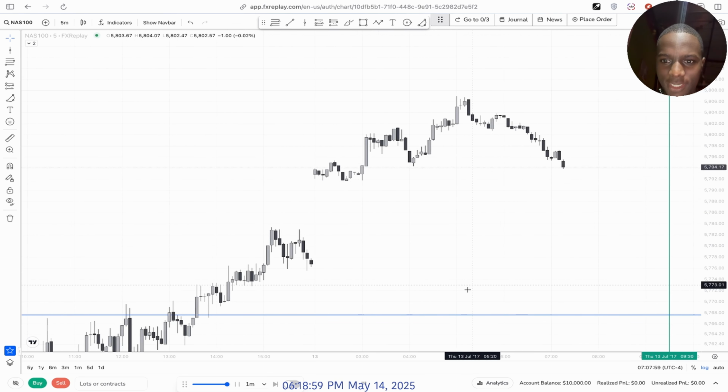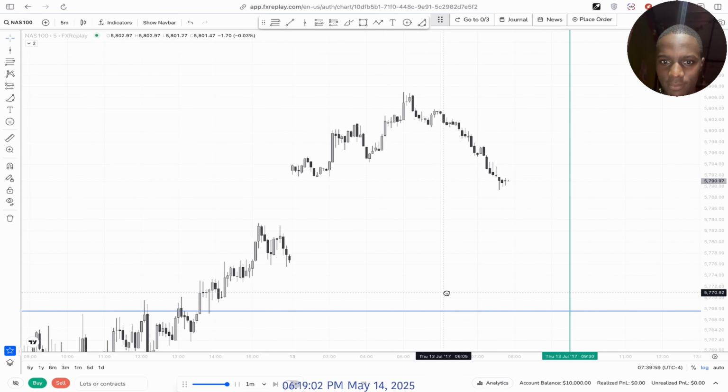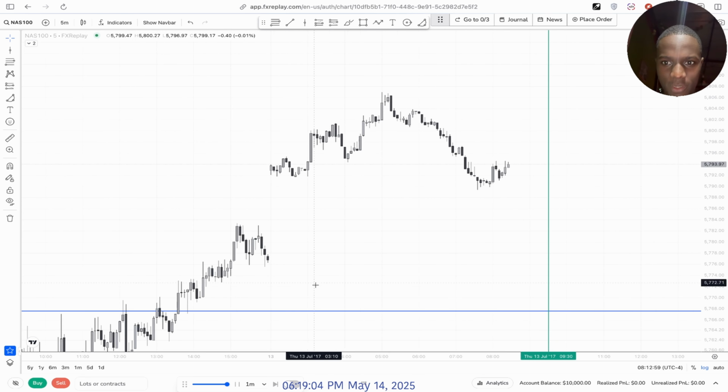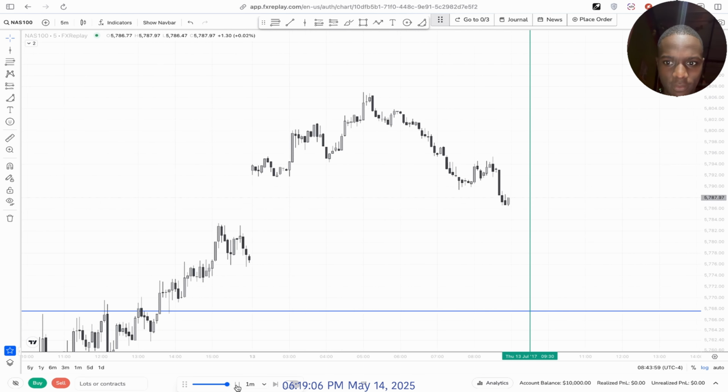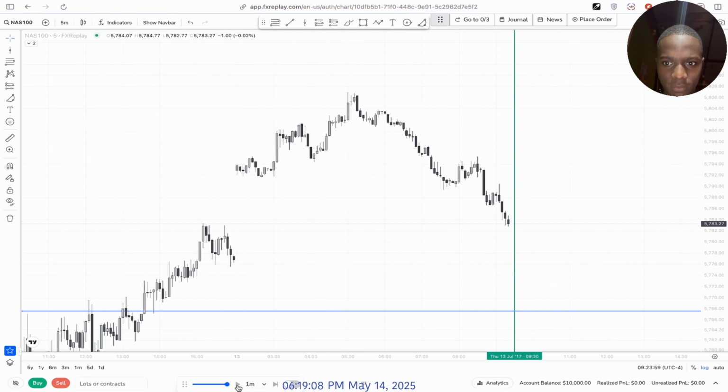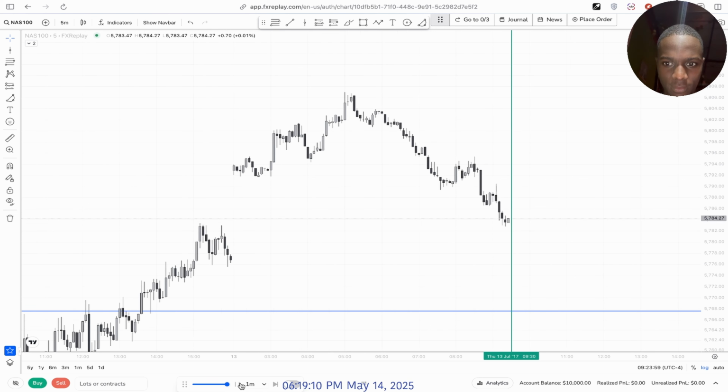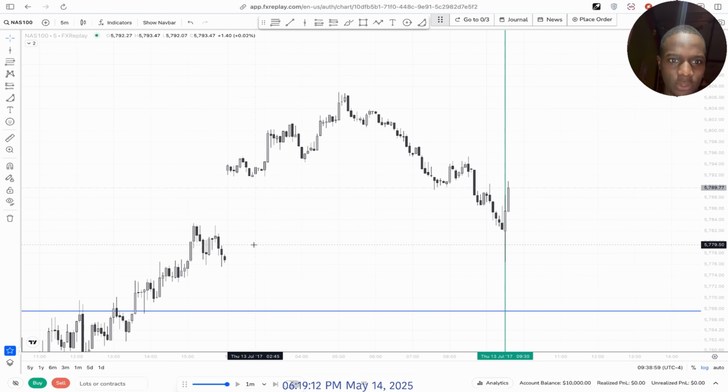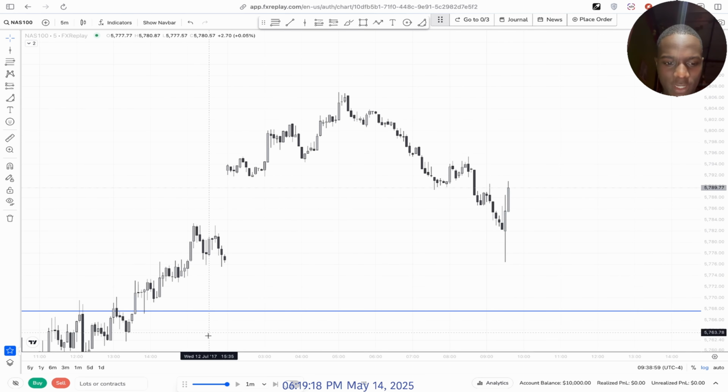Have the London high here. We drop below into this open now. New York opens crazily. Dropping, fully filling this gap.